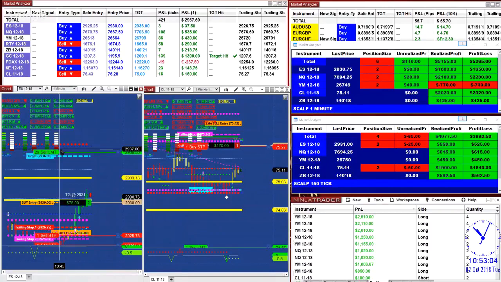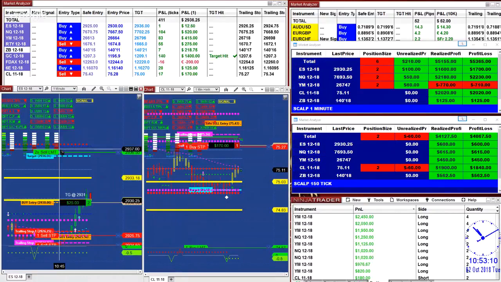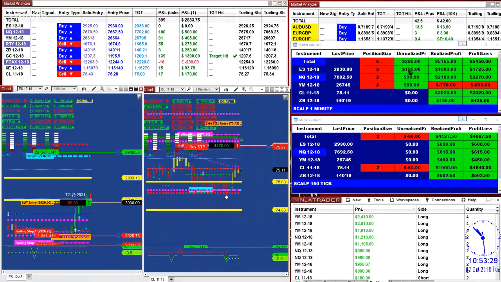This is very funny. The scalpers, the signal took a long trade, and the signal on the ES on the scalper, the 1 minute and 150 ticks, they took short. Amazing. The ES is on a short trade and is already $125 up on it.